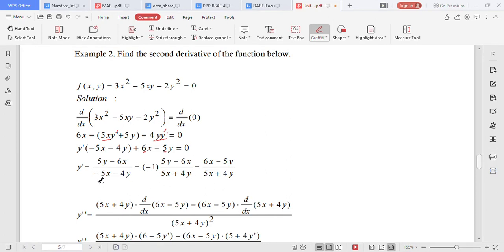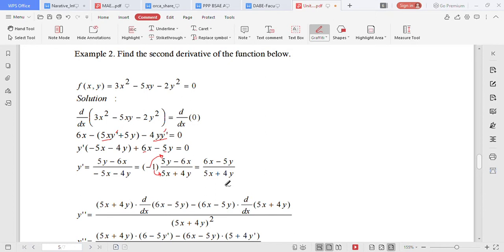What we did here is take the negative: the denominator became positive, such that if you multiply that one, it will become negative 5x and negative 4y. Since you have a negative 1 there, you just multiply this negative again into the numerator, and so we come up with this. And so we have 6x minus 5y all over 5x plus 4y.